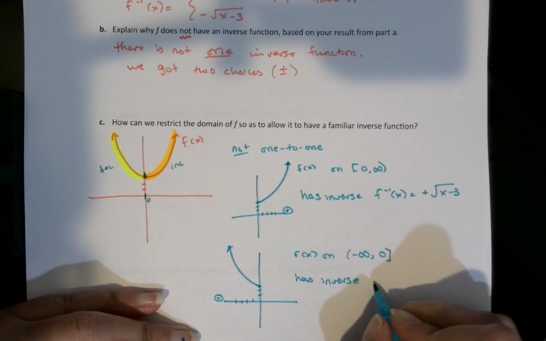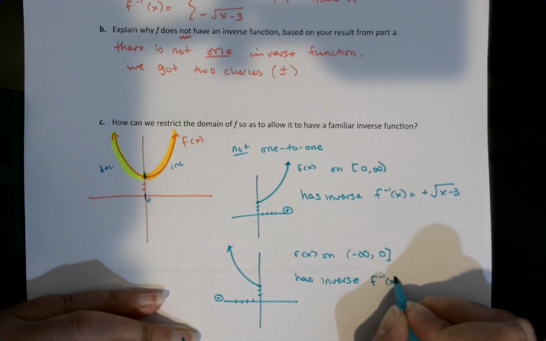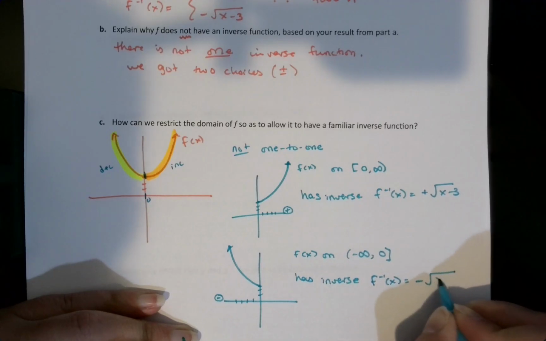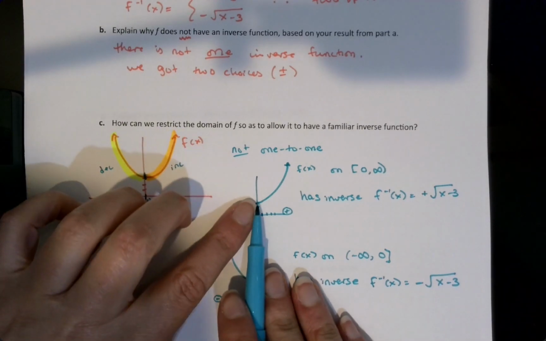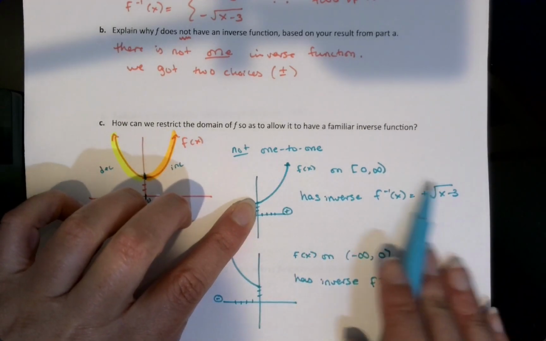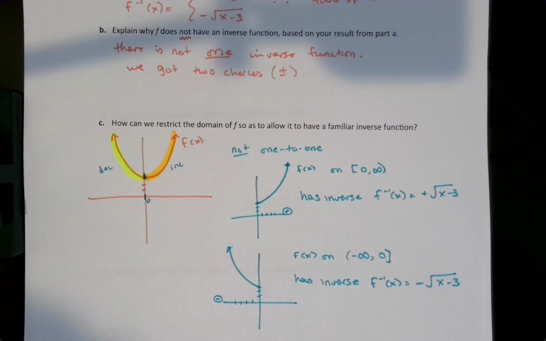And so this would have inverse negative the square root of x minus 3. So the entirety of the function does not have an inverse. But if I cut it and look at it in two pieces, it's going to have an inverse on just the right side of positive square root of x minus 3 and an inverse on just the left side of negative.